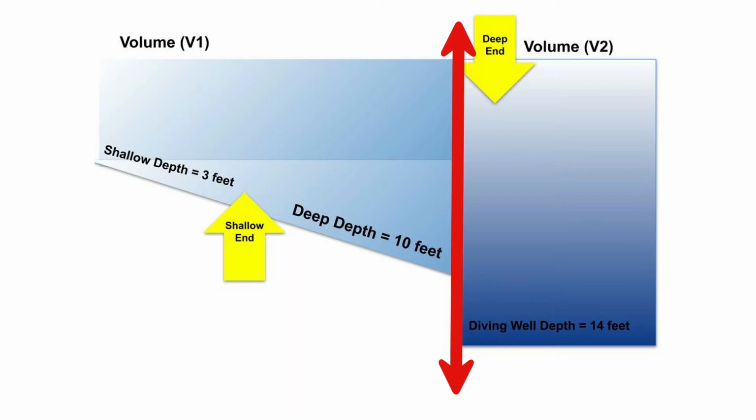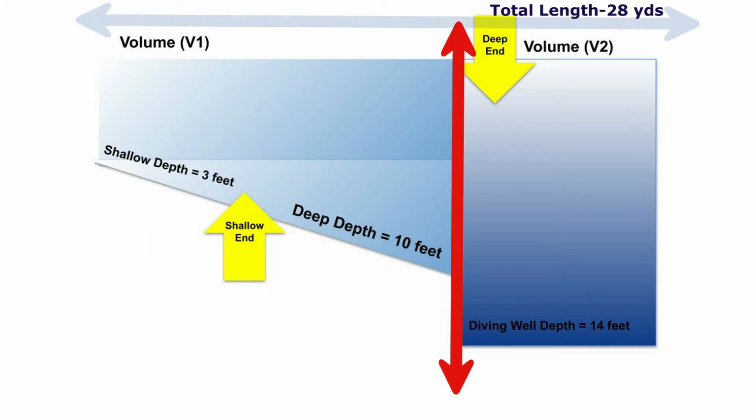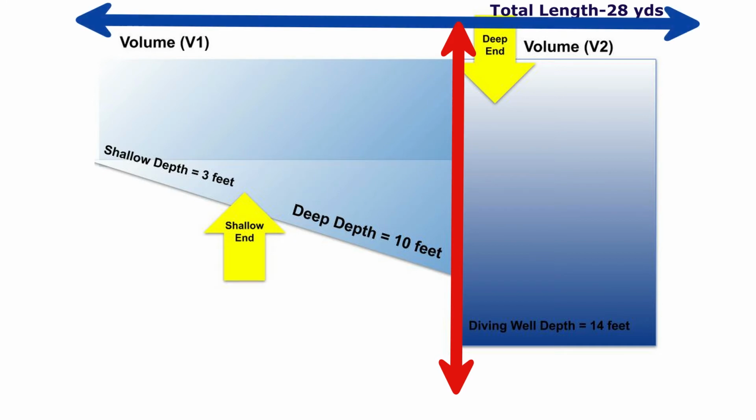So the first thing we need to do is convert the yards into feet for our length, but we also have to split this into two pieces. We know that the total length of the entire pool is 28 yards, and we're given that the deep end length is 10 yards.